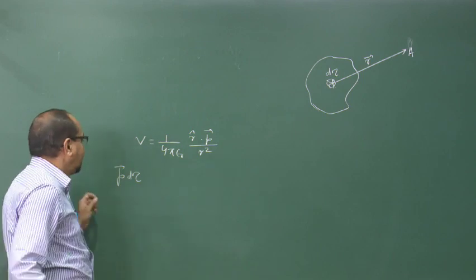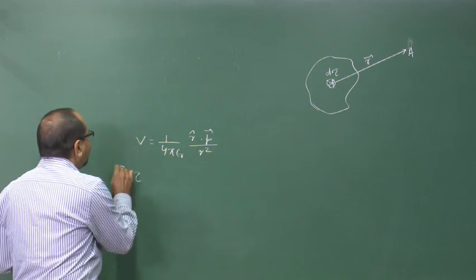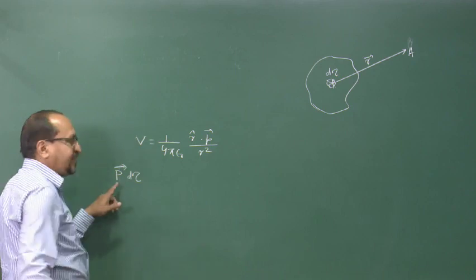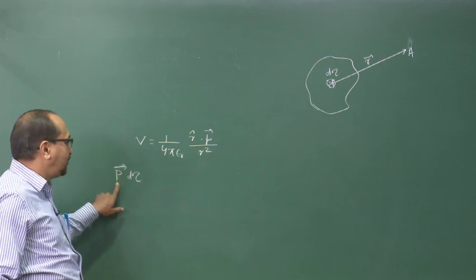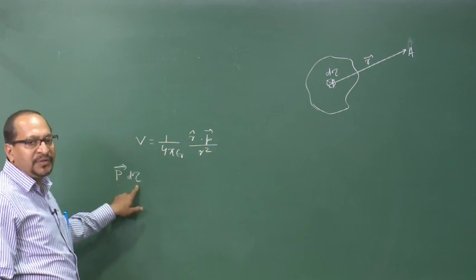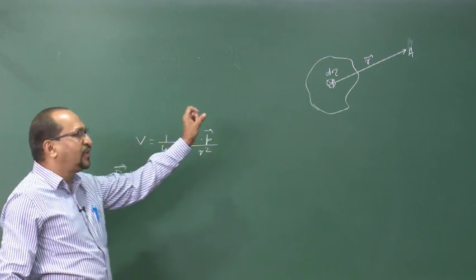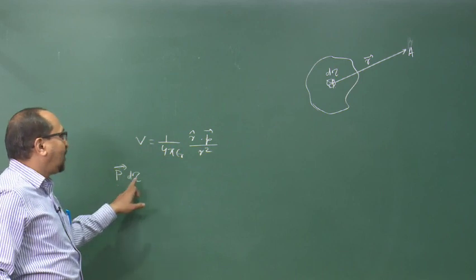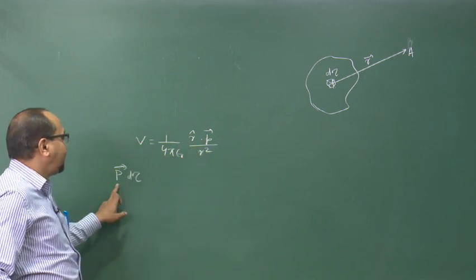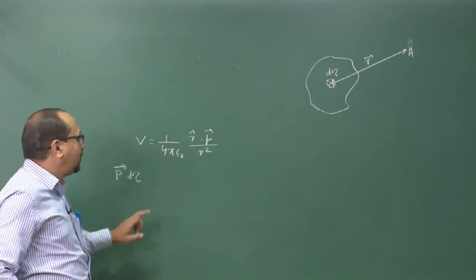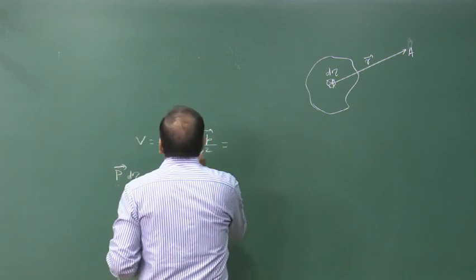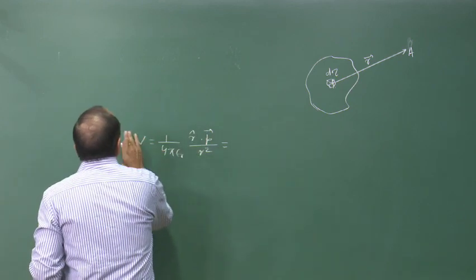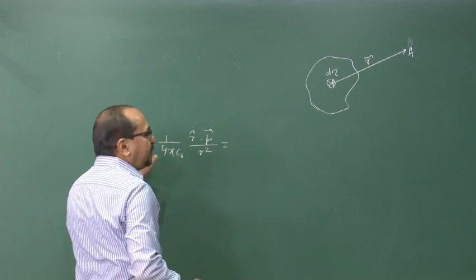Okay. This is capital P into d tau, where capital P is the polarization, the dipole moment per unit volume. So, this into d tau gives you the dipole moment of this volume element d tau. So, instead of the dipole moment P we will write capital P into d tau. So, the potential here due to the d tau element should be dV.